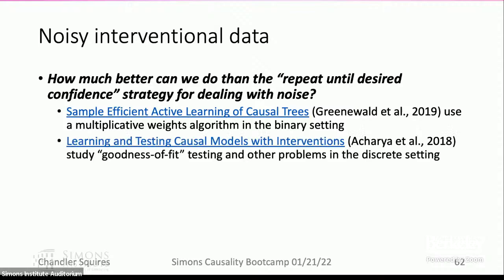And then from a different angle, rather than trying to completely discover the causal graph, there's a paper that studies a goodness of fit testing problem where they posit a graph along with a distribution. This is all in the discrete setting. They posit a bunch of conditional probability distributions where the whole distribution factors according to the graph.